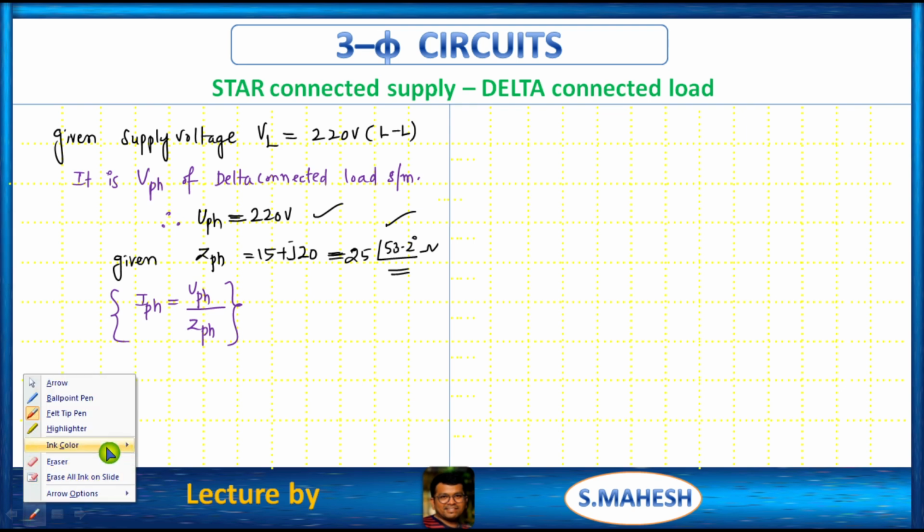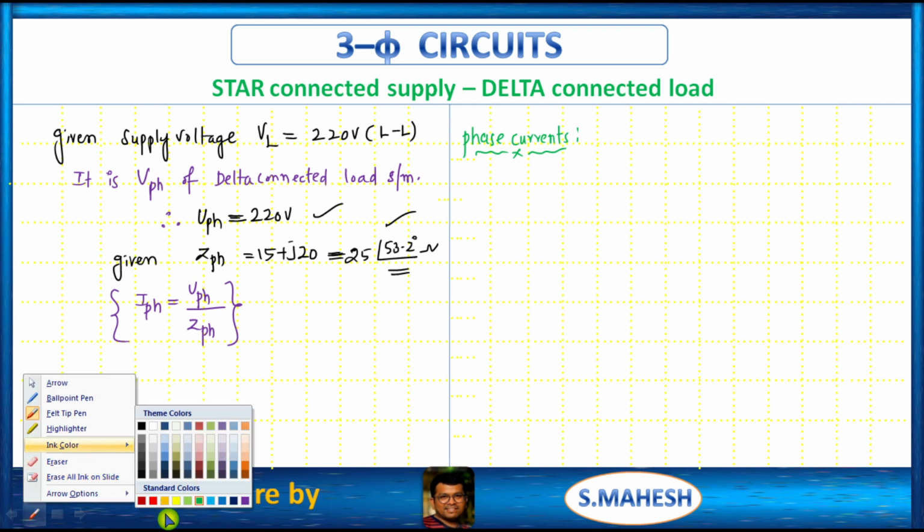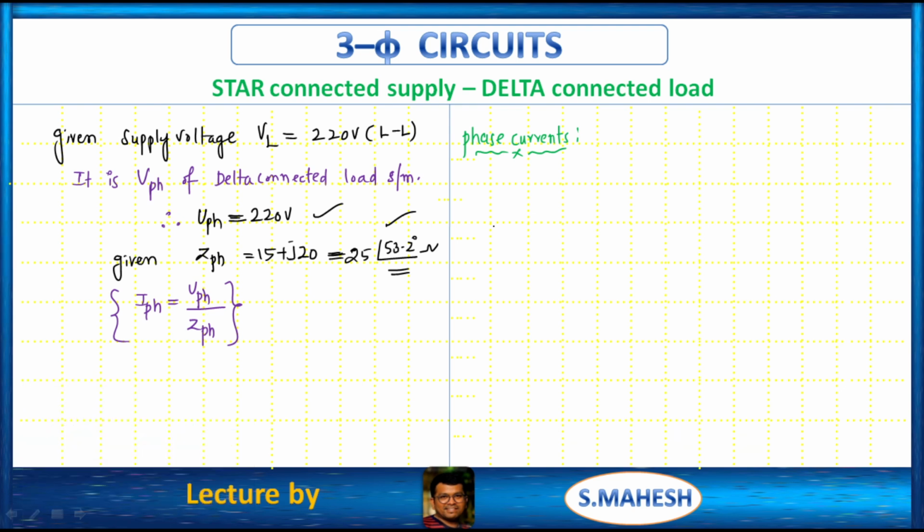Now we have to get the phase currents in case of delta. You all know that IRY, between R and Y you have the phase voltage VRY at an angle 0 by impedance at an angle 53.2, right?